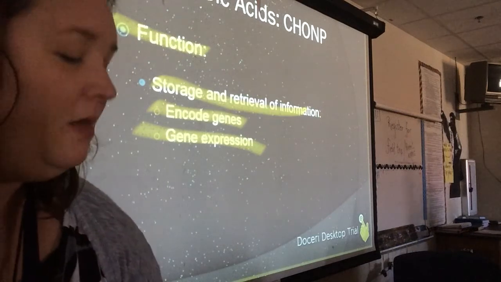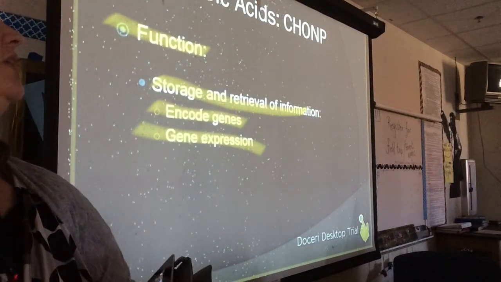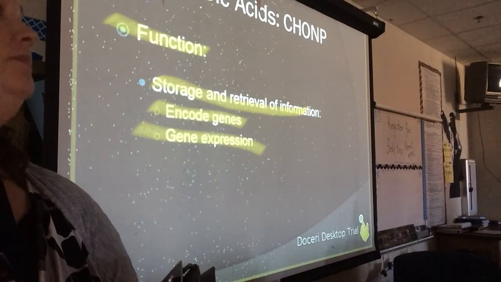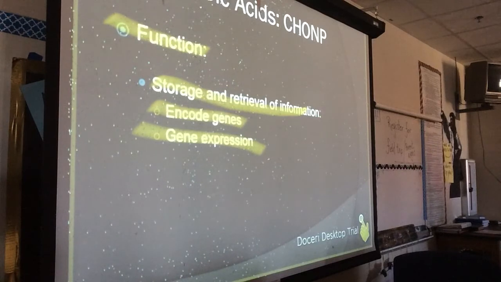When you come to class tomorrow, we'll be making a foldable over biomolecules. We're not done yet. Do not pack up and put away your notes. At your tables, in your supply buckets, you should have markers and highlighters. I want you to take the last few minutes of class, and here are your directions.